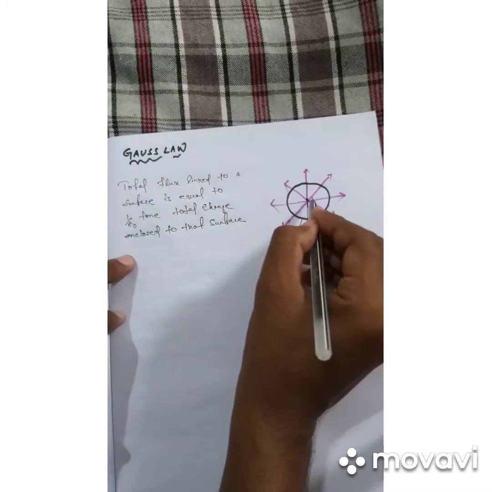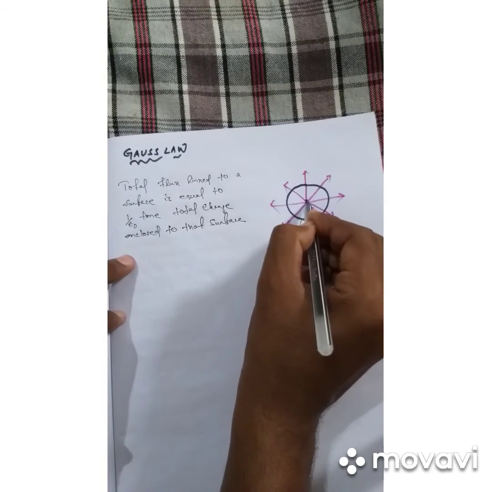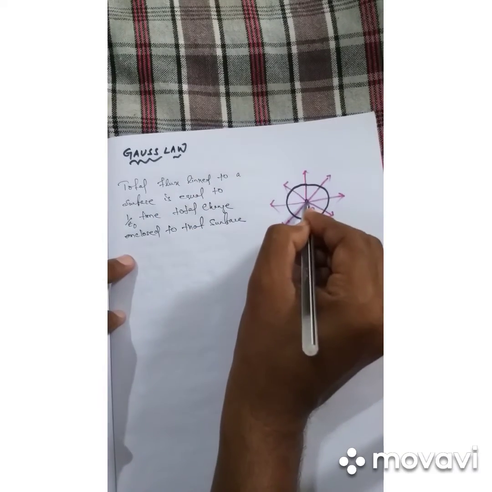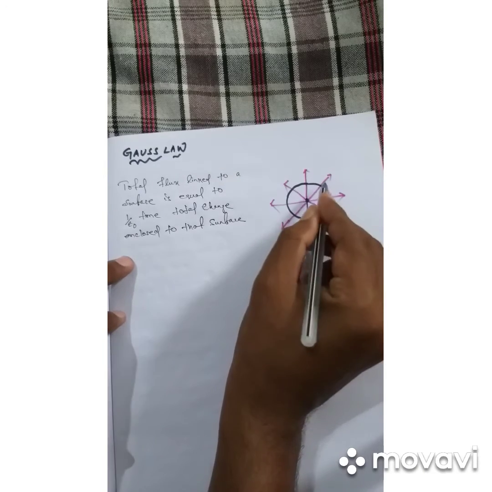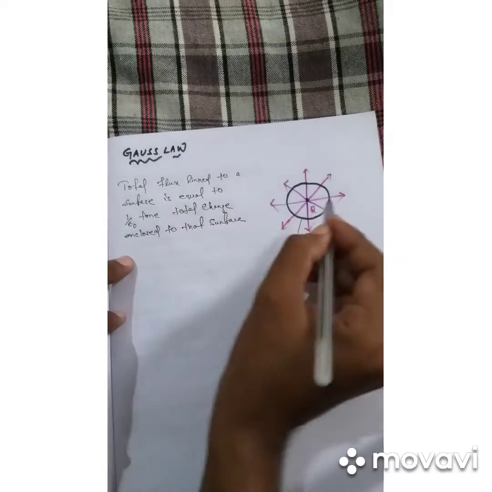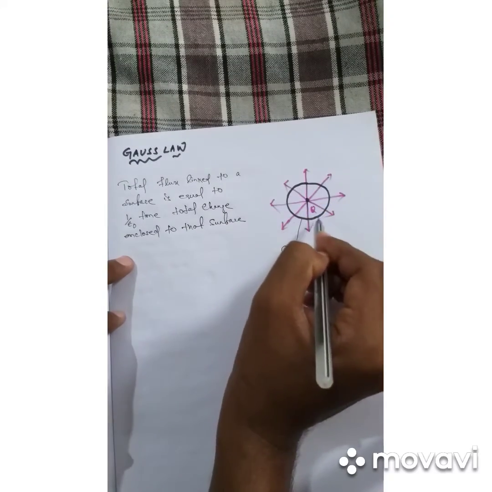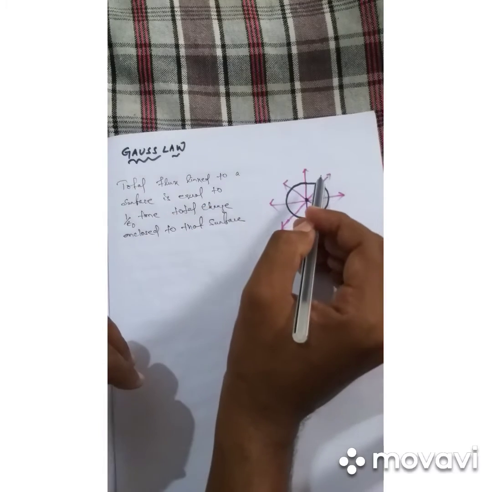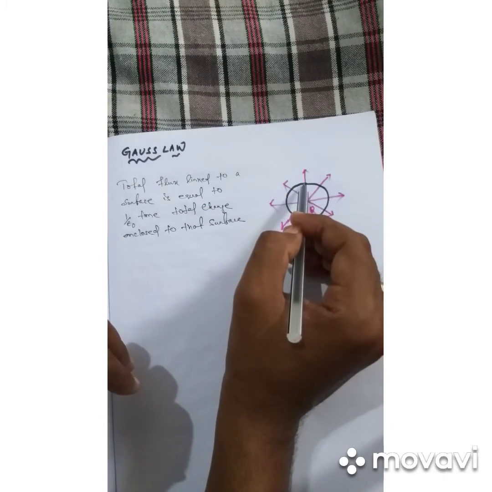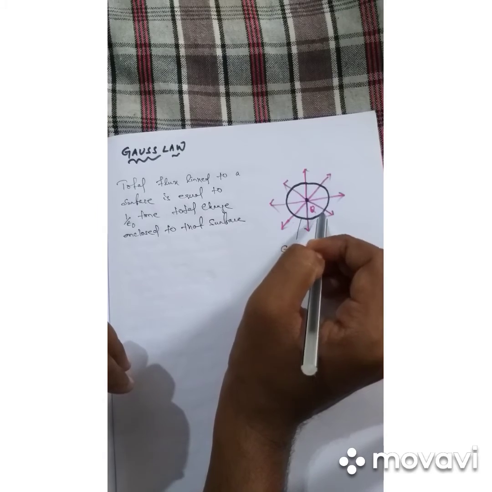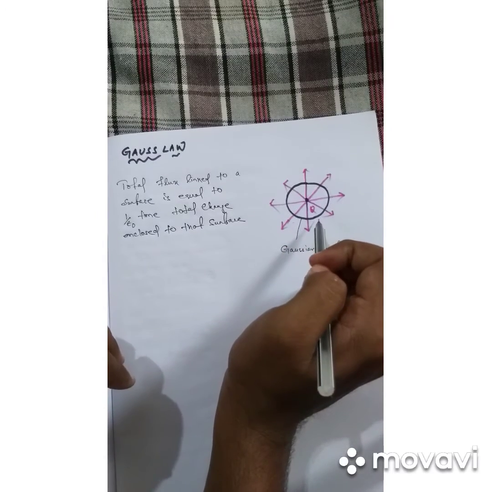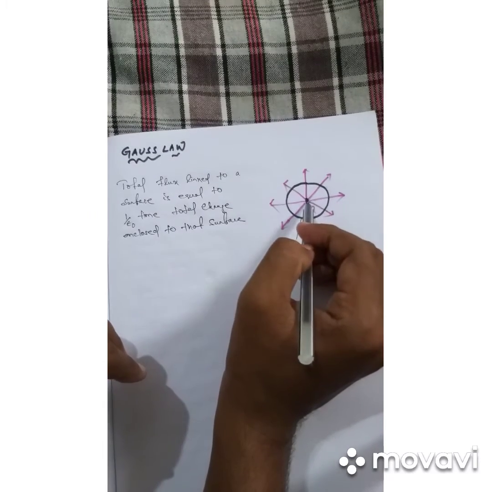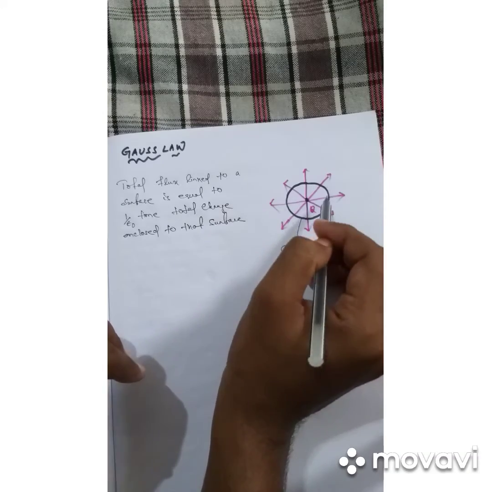That means if you represent a point charge, due to the point charge, electric field lines or electric field intensity go radially outward. If we assume a Gaussian surface like a spherical surface, the electric field intensity at every point on that surface remains constant, because the radius of that sphere remains constant in all directions.